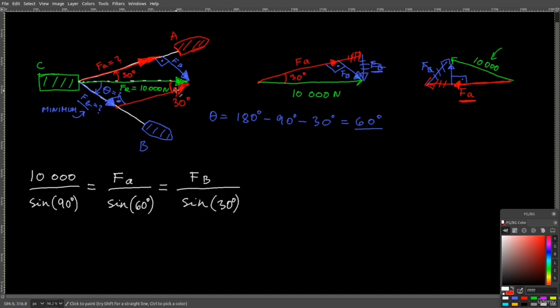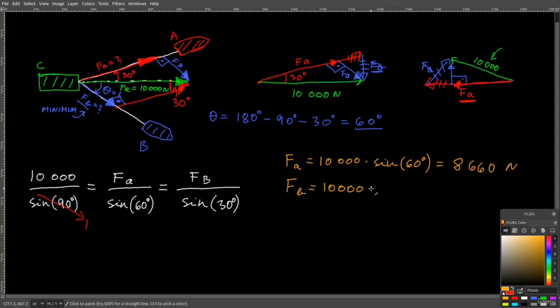You already know that sine 90 degrees is 1, and so FA equals 10,000 times sine 60 degrees, that's more or less 8660 newtons. And then FB is 10,000 times sine 30 degrees. Sine 30 degrees is 0.5, so you have 5,000 newtons for your FB, which is minimum.